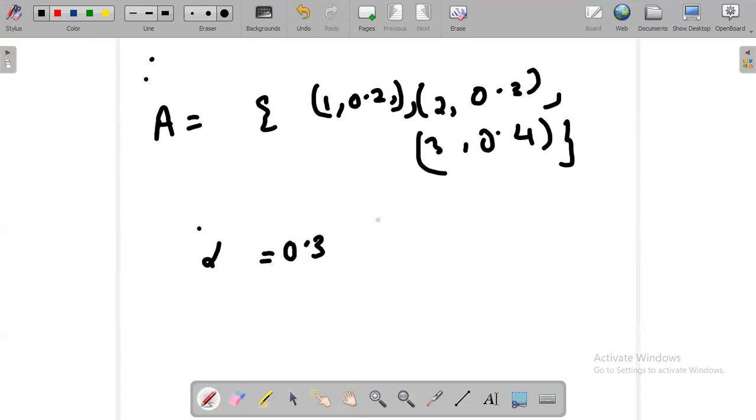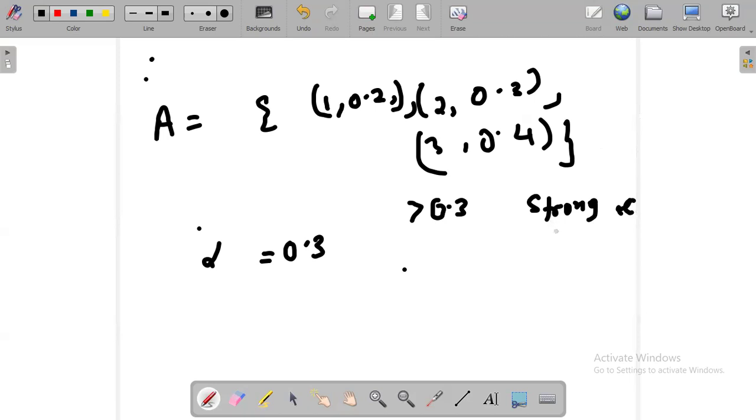Okay. Now what is strong alpha cut? You have to check all the membership values whose values are greater than 0.3. This is called the strong alpha cut.